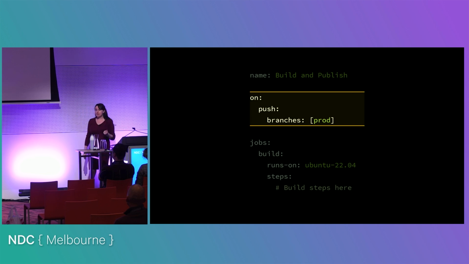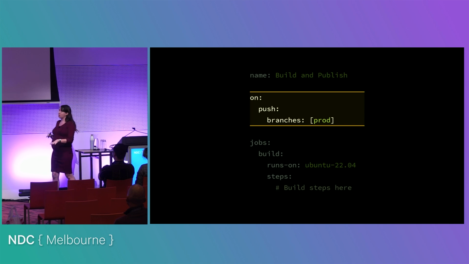And in this case, I want this to happen anytime code gets merged into production. So whether that is a pull request has been merged, or whether someone has done what we definitely don't all do and just pushed straight to production. Either way, I want it to build and publish the website.